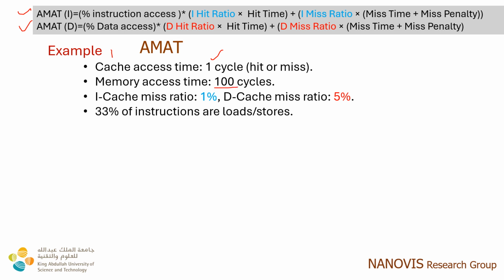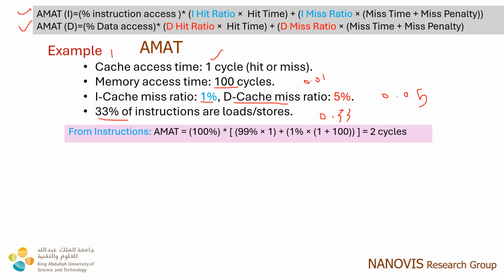I cache miss ratio is 1%, which is equal to 0.01, and D cache miss ratio is 5%, which is equal to 0.05, and we have 33% of data or instruction loaded or stored, which is equal to 0.33.